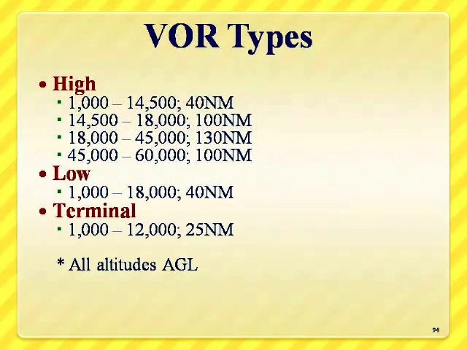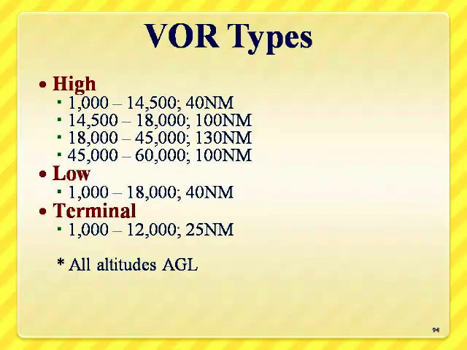So what are the types of VOR? We say high when it can radiate power more than 1000 watts. So 1000 to 1500 watts, if we are radiating, it will be 40 nautical miles. And beyond that, up to 18,000, you can get 100 nautical miles of range.